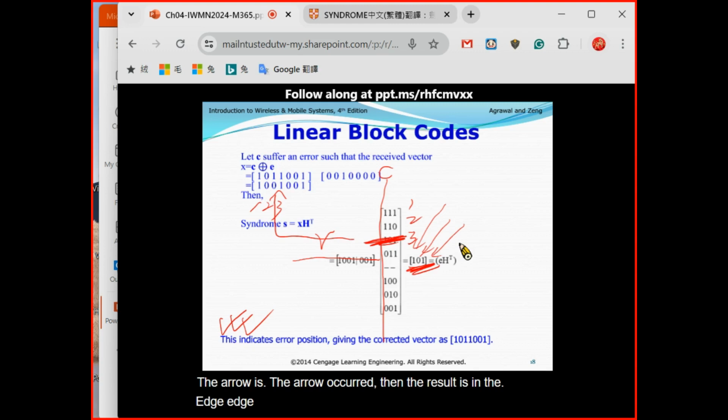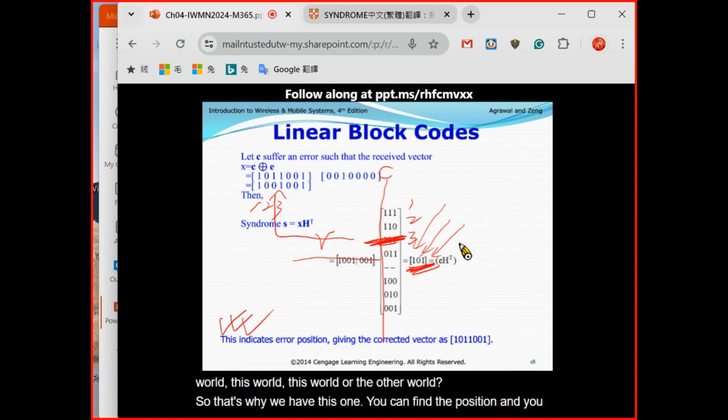For this one, a single error is definitely possible to find. If we just have a single bit error, it is possible to find. Whether the error occurs in this row or the other rows, it's possible. You can find the position and you can correct it directly.